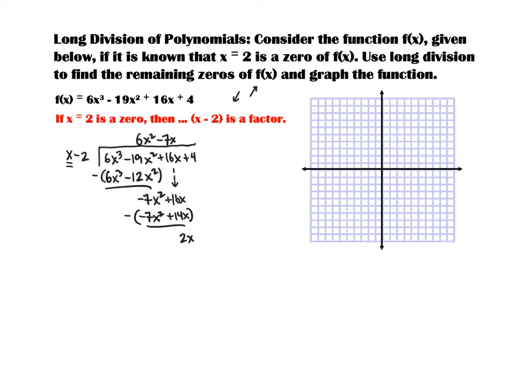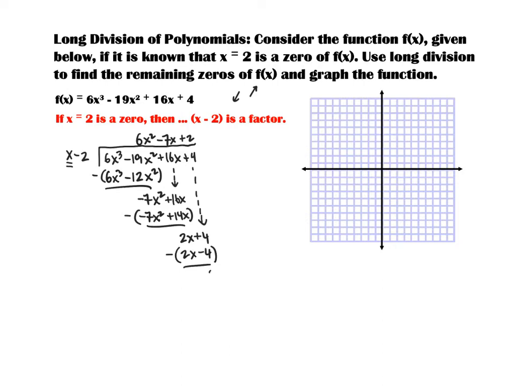And I drop down the 4. Okay, now how many times does x minus 2 go into 2x plus 4? It goes in twice. So I'm going to multiply through. I'm going to get 2x minus 4. Okay, it looks like I'm going to get the 2x's to reduce.